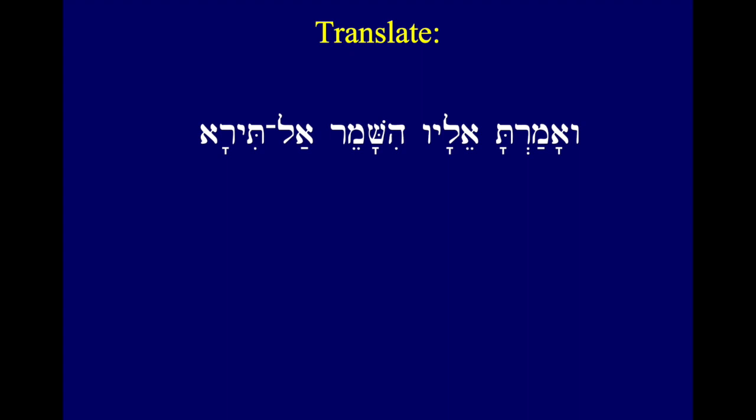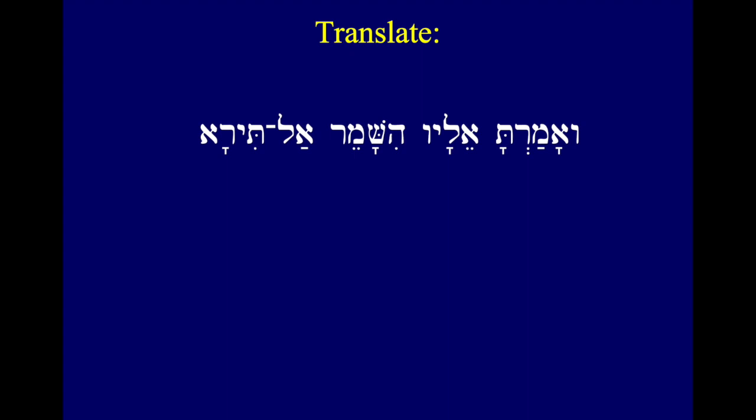So, va'amarta elav hishamer al tira. And you said, our ta ending, right, our second person masculine singular perfect ending. We have lots of A-class vowels and nothing added to the front, other than a conjunction, there's a vav there. But this would mean like, and you said, elav, to him, hishamer, kind of like, watch yourself.